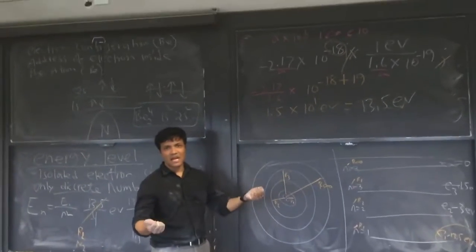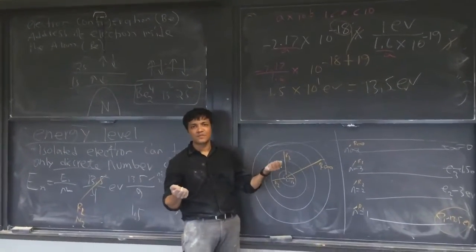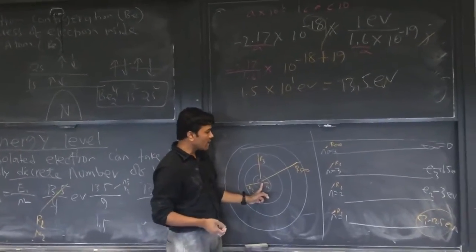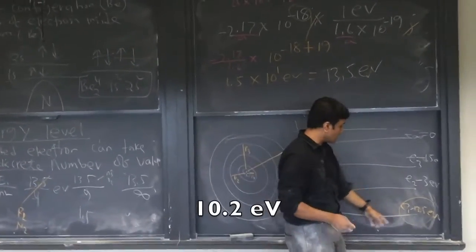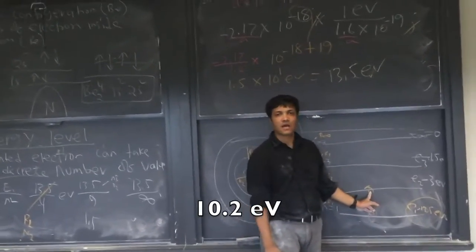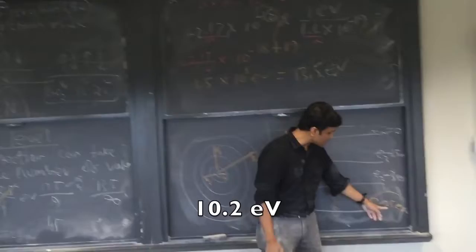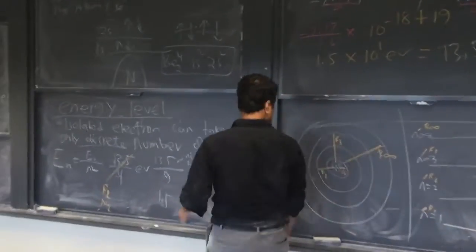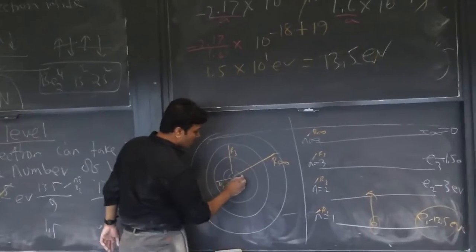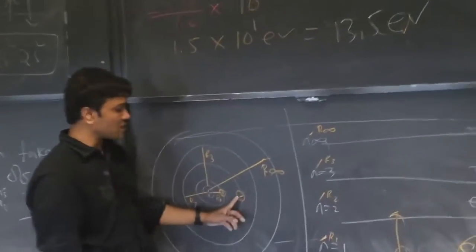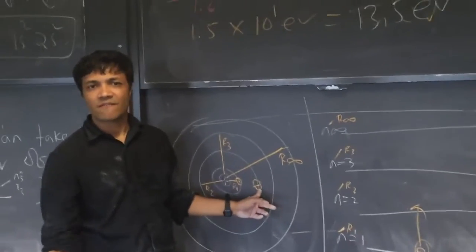However, if the electron can absorb some energy from the environment, it can jump to the next level. It needs about 10 electron volt. Now the proton has less control over the electron because it's further away.